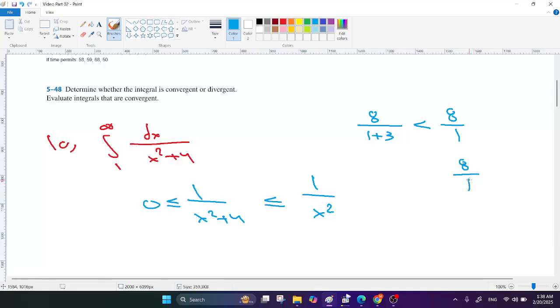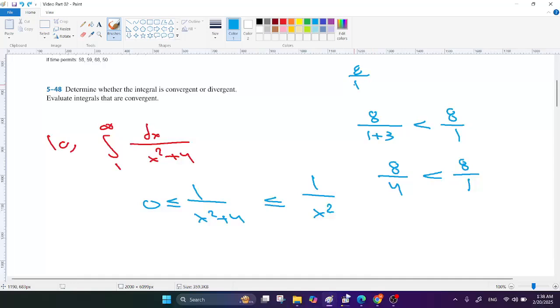If I have 8 over 1, and I want to find a fraction that is less than 8, make the denominator bigger. For example, put 4 here. Be careful, this is true here, 8 over 1 plus 3, because 1 and 3 are positive.